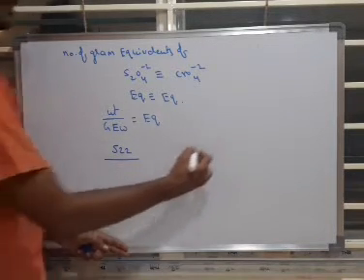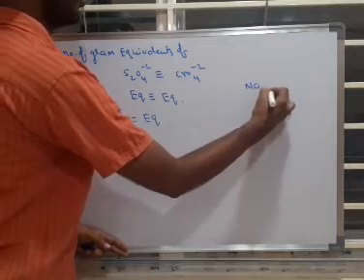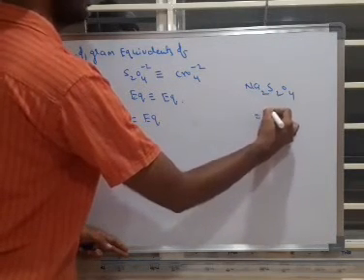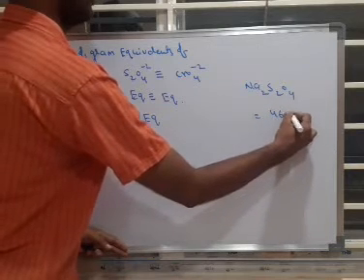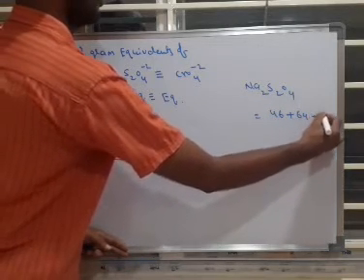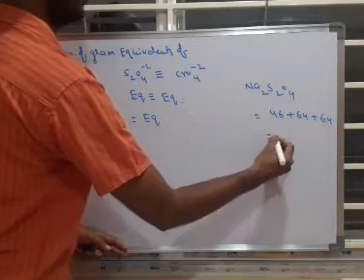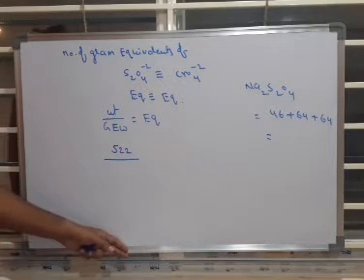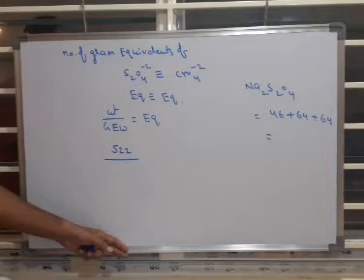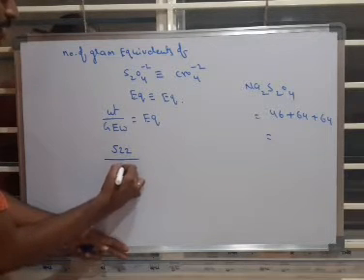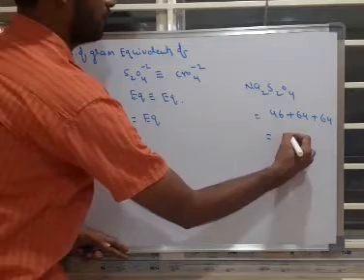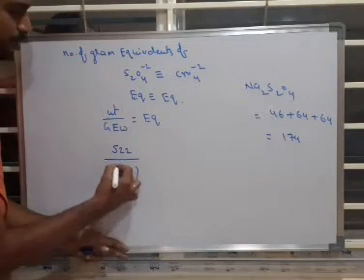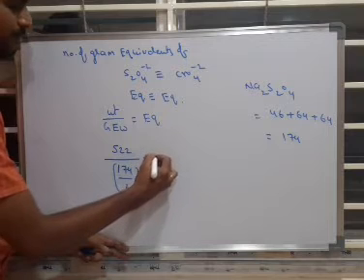What is the molecular weight of Na2S2O4? 23 times 2 is 46, 32 times 2 is 64, and 4 times 16 is 64, which gives a total of 174. So the molecular weight is 174, and the n factor is 2.